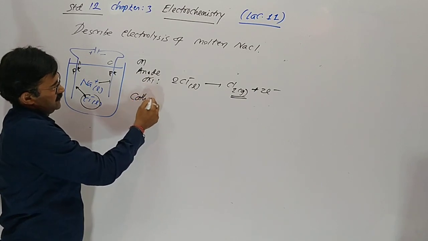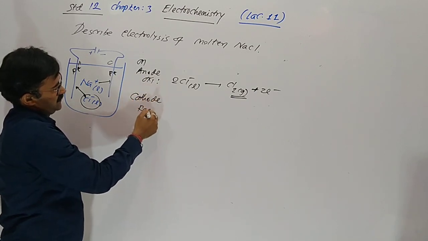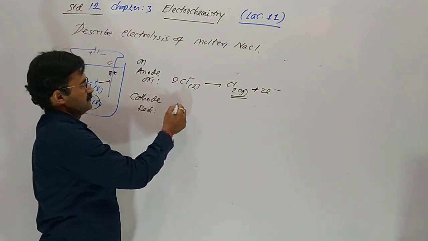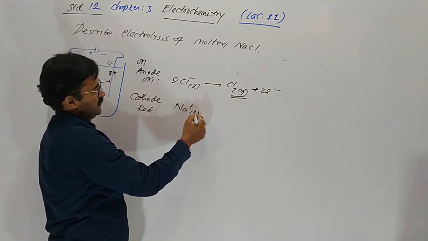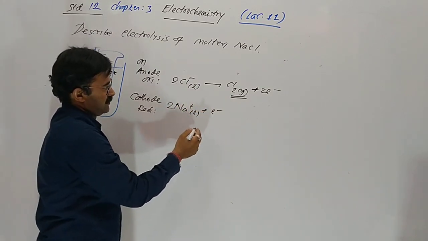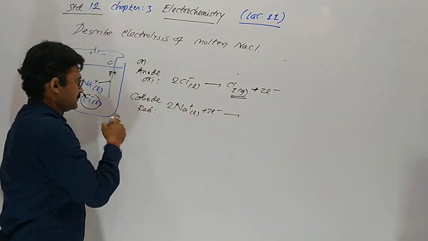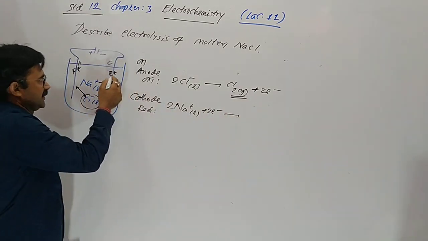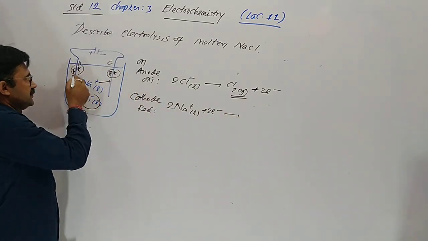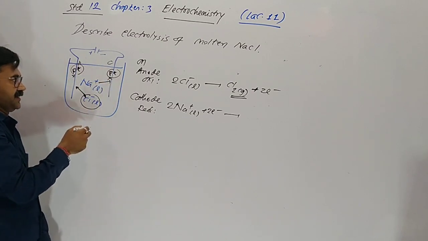Now on the cathode, reduction occurs. So Na plus ion gains an electron on the surface of platinum. Our electrode is inert, so it does not take part in the reaction.